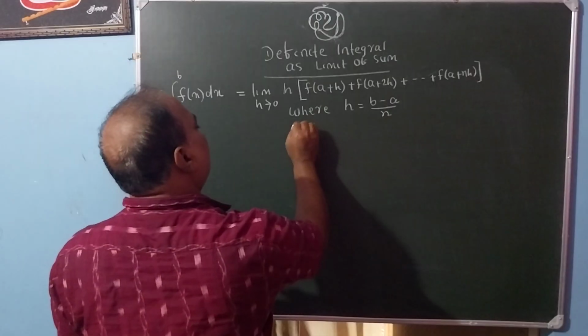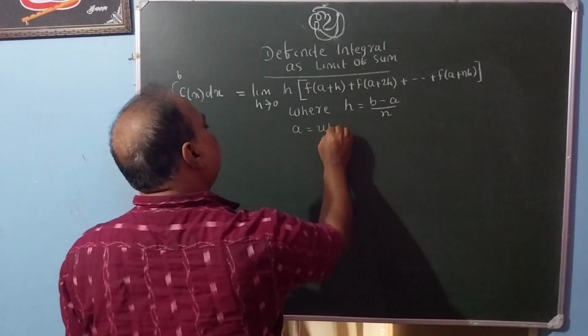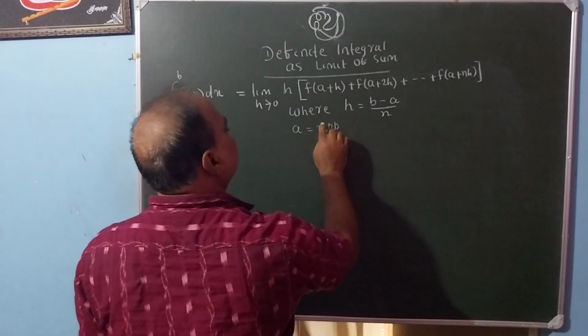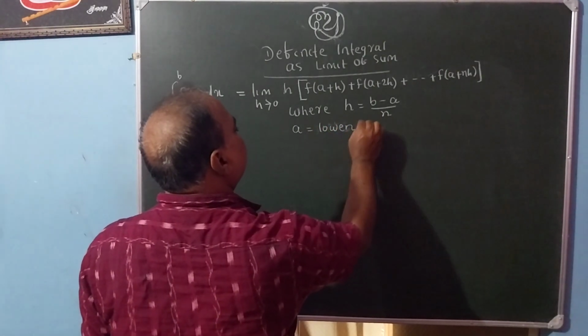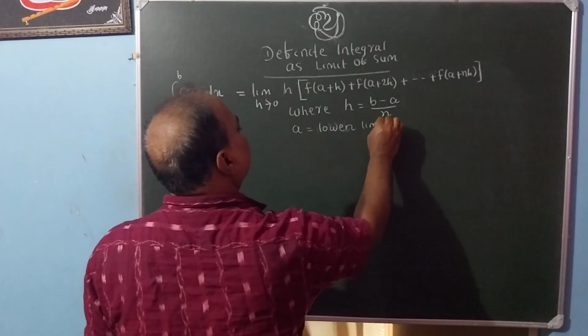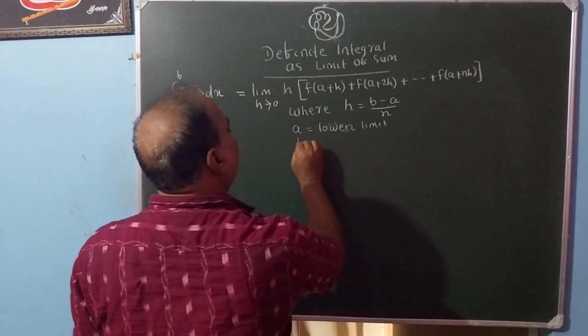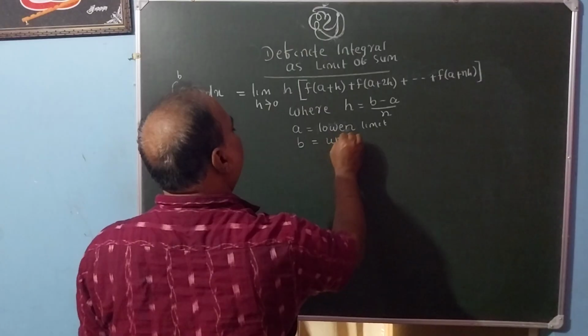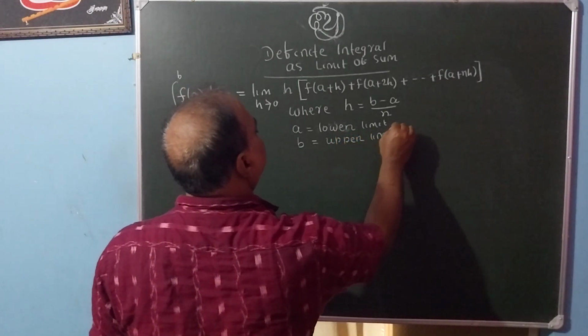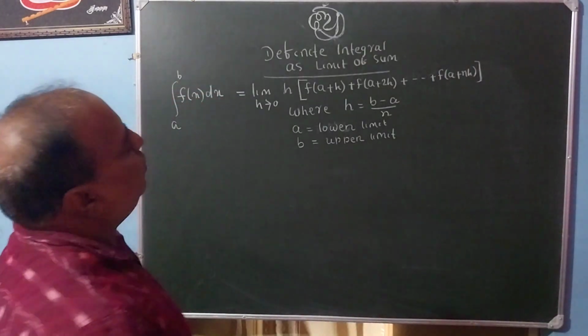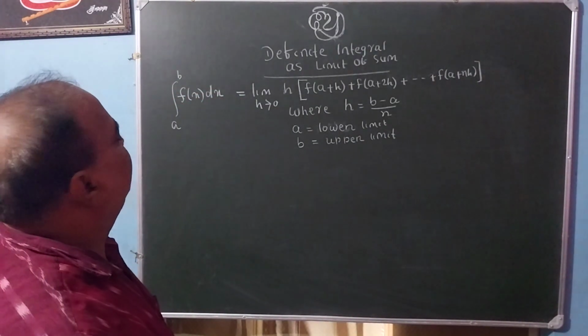a is the lower limit, b is the upper limit. h is equal to (b minus a) by n.